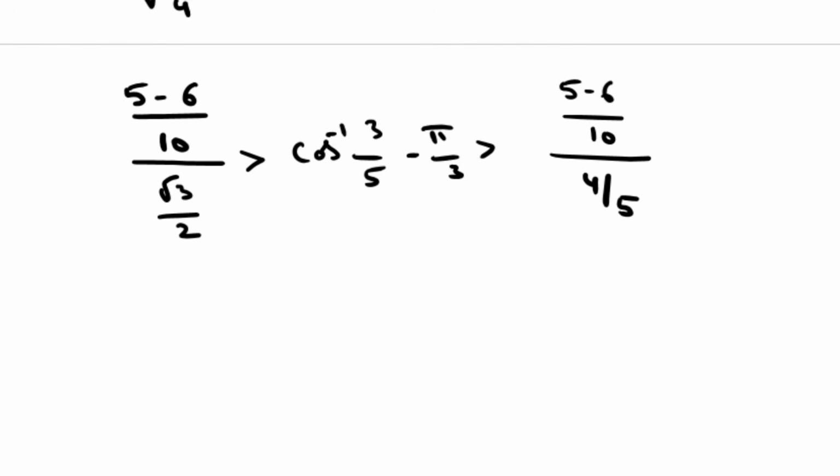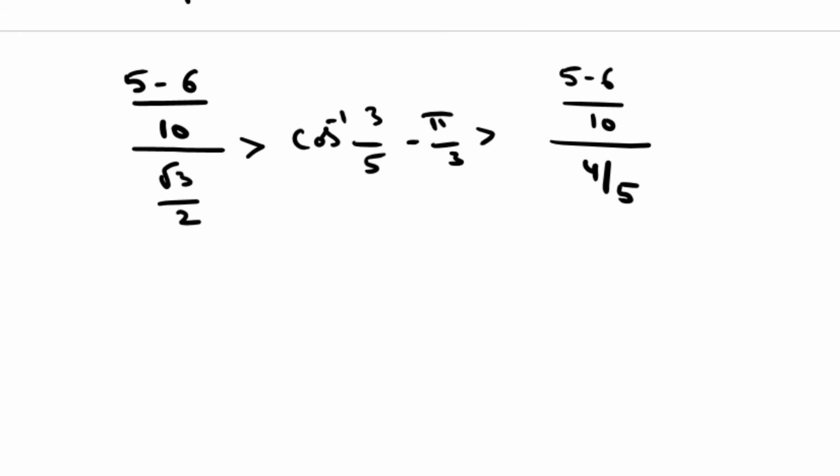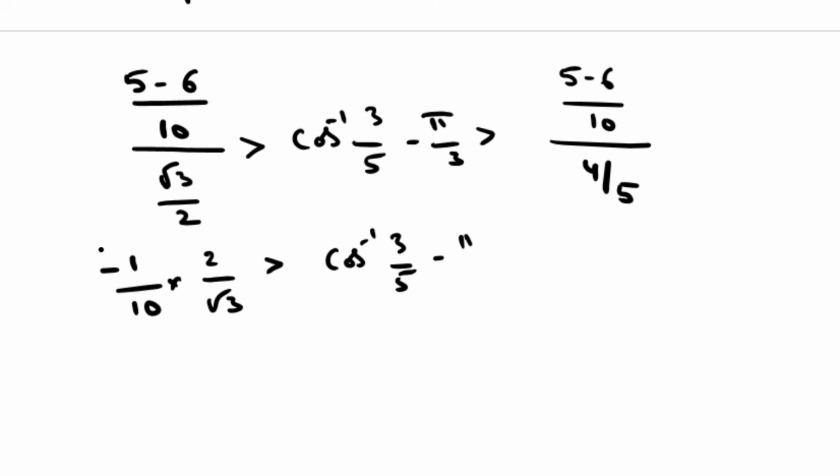Here that is minus 1 by 10 into 2 by root 3 greater than cos inverse 3 by 5 minus pi by 3 greater than minus 1 by 10 into 5 by 4.